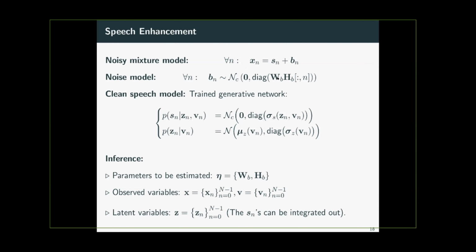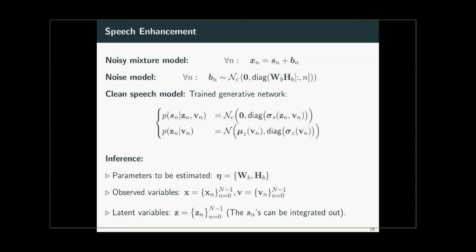Let us just not go into the details here. It's just the product of 2 matrices. And the clean speech model, of course, is what we have discussed before, this conditional audiovisual VAE. So now when I am at speech enhancement time, I have to do two things.